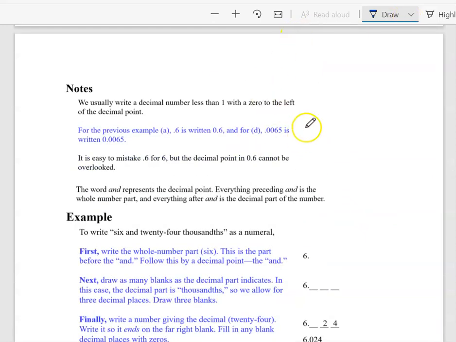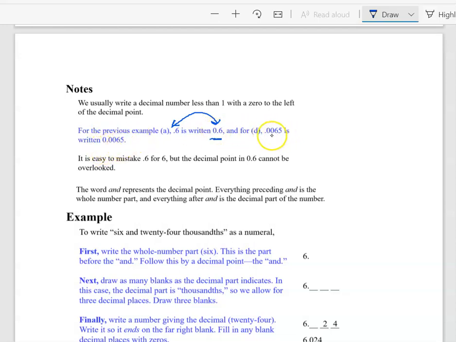Okay, we usually write a decimal number less than 1 with a 0 to the left of the decimal point. For the previous example above, we had .6, but we wrote it 0.6. These two things are exactly the same. We just usually see it like this. .0065 is written 0.0065. They write that 0 in the front to hold that space.